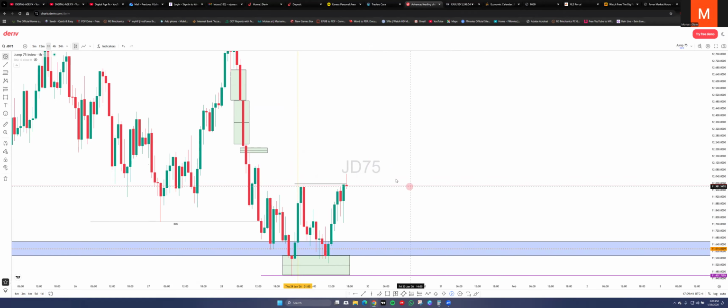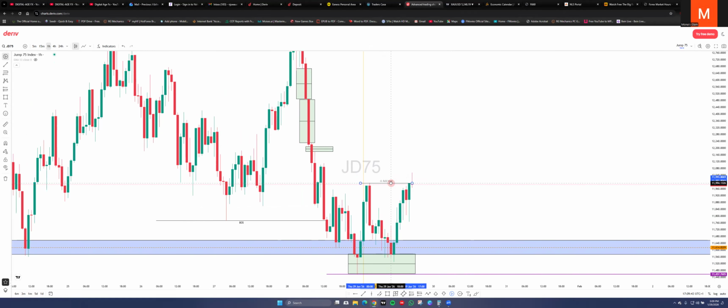Let me expand it so you see what I'm doing. You could either do this, because I know a lot of people want to put it on the highest of the highest. So whenever this market closes above here, this candle is just starting. But I would most of the time put it here on the body.